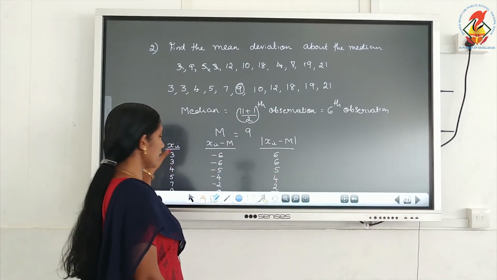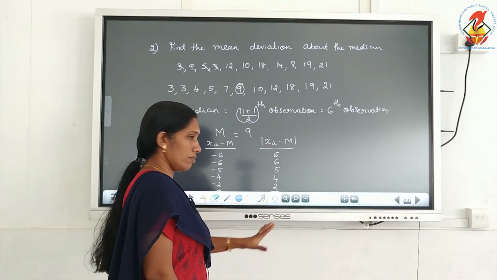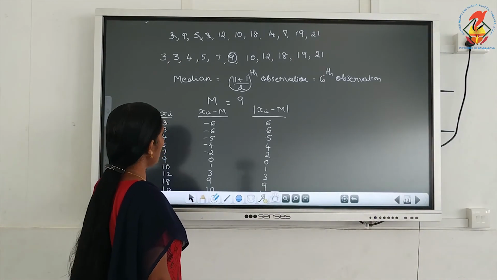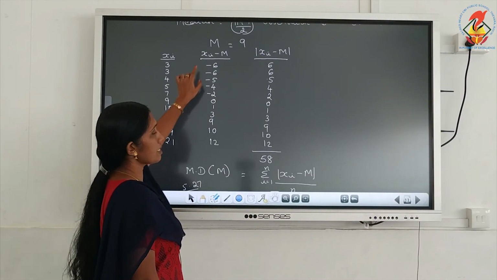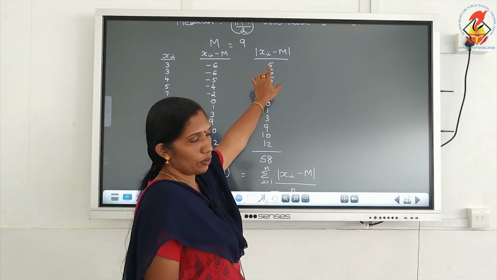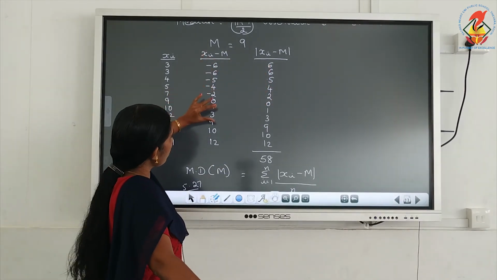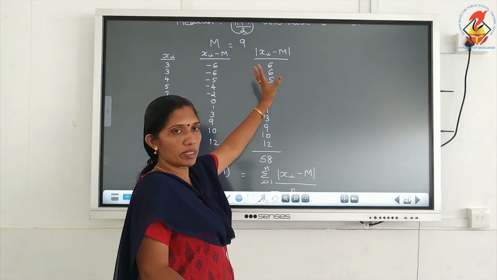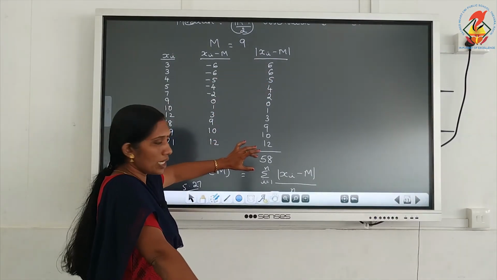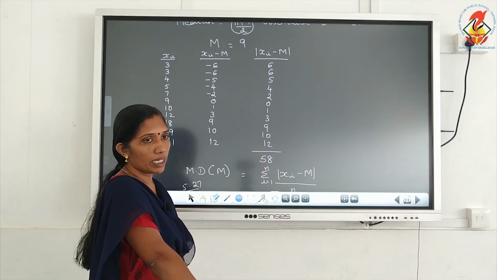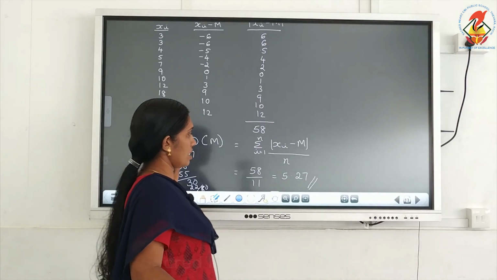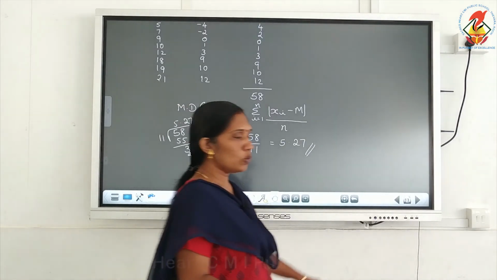Then after that, you can draw the table. The first column is xi, then xi minus m, then the absolute value. Or instead of this, you can write just the absolute value, so 2 columns are enough. Find the sum of the last column, then divide it by the total number of observations. So we get the mean deviation about the median.